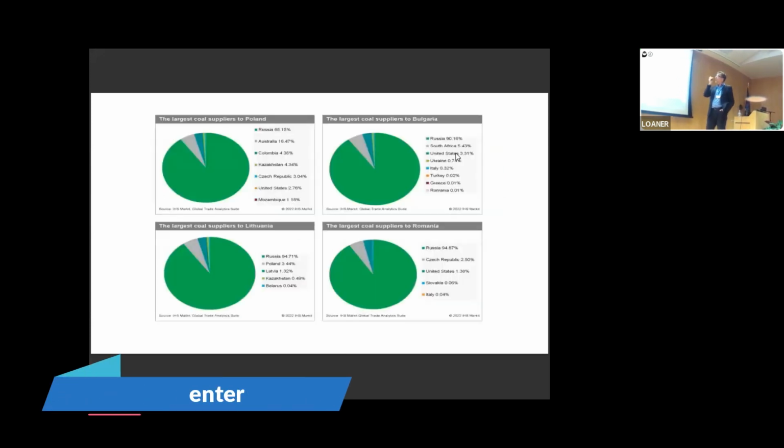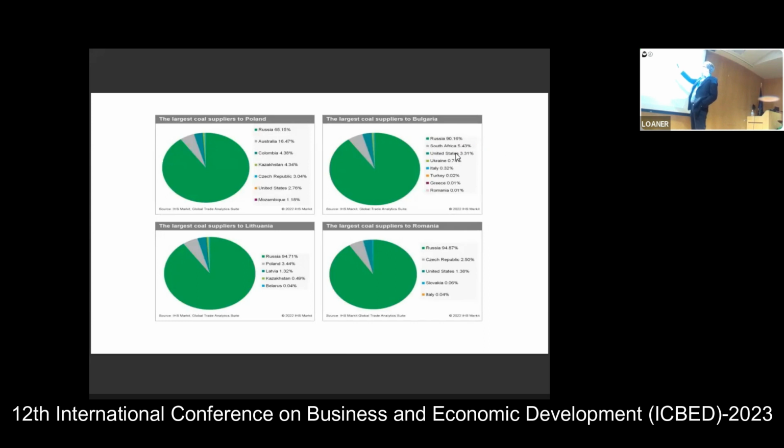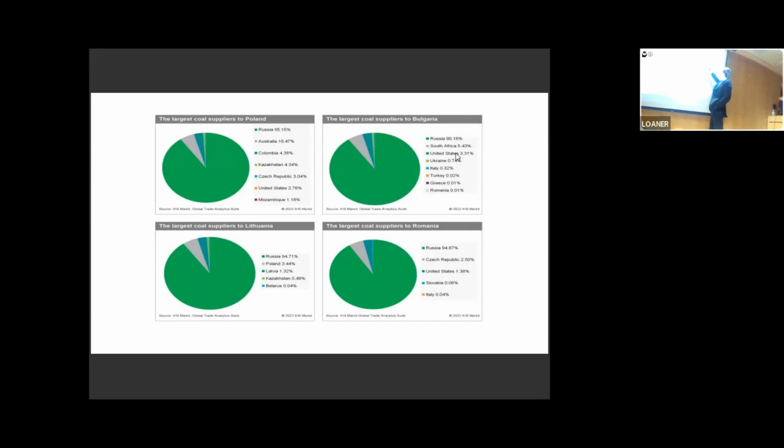Let's take a look at sample countries and the structure of coal suppliers. For Poland, it was 65% from Russia. Bulgaria, it was 90% from Russia. Romania, 94%, and Lithuania also 94%.